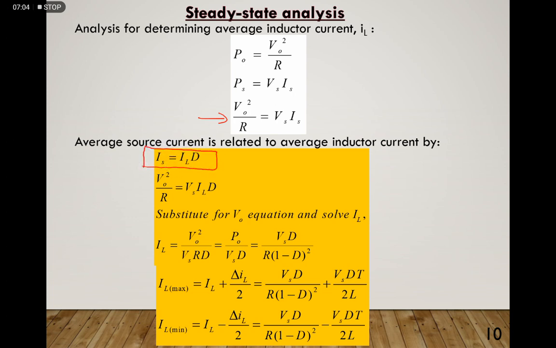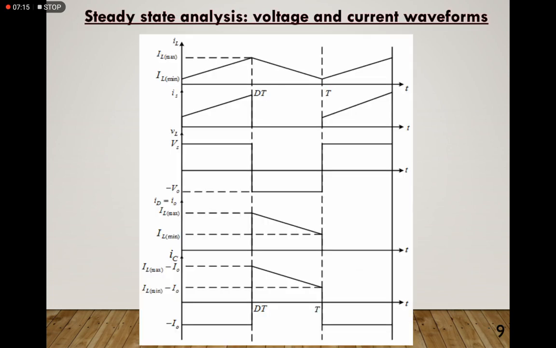Is equals IL multiplied by D. How do we get this relationship? You can refer to the previous slide and look at the inductor current and the source current at this part only.